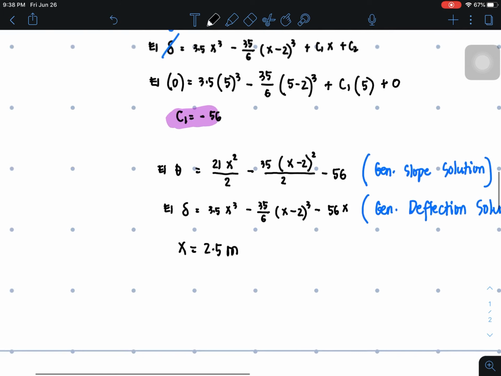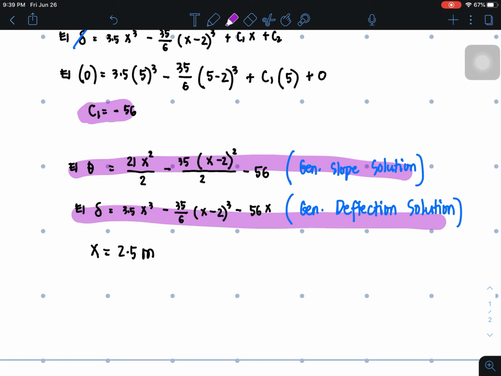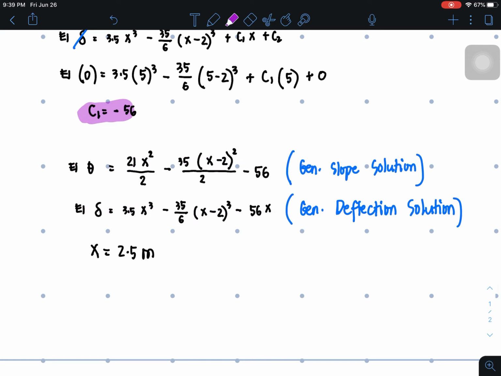Since we have two equations, remember we are looking for deflection, so of course we use this equation. This one is intended for the slope and this one is for the deflection, so we don't mix up the equations. I hope that's clarified.